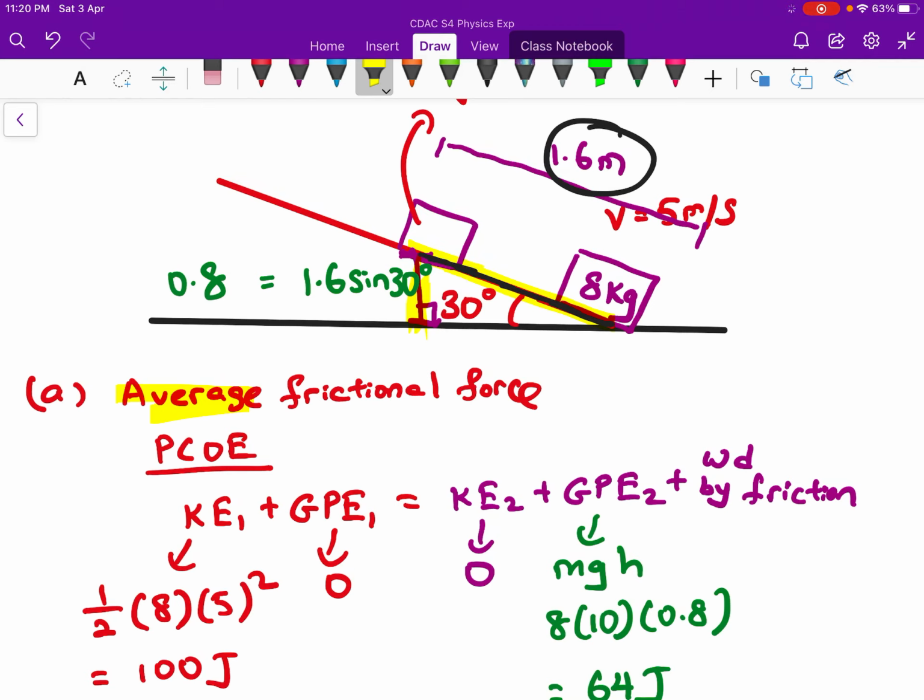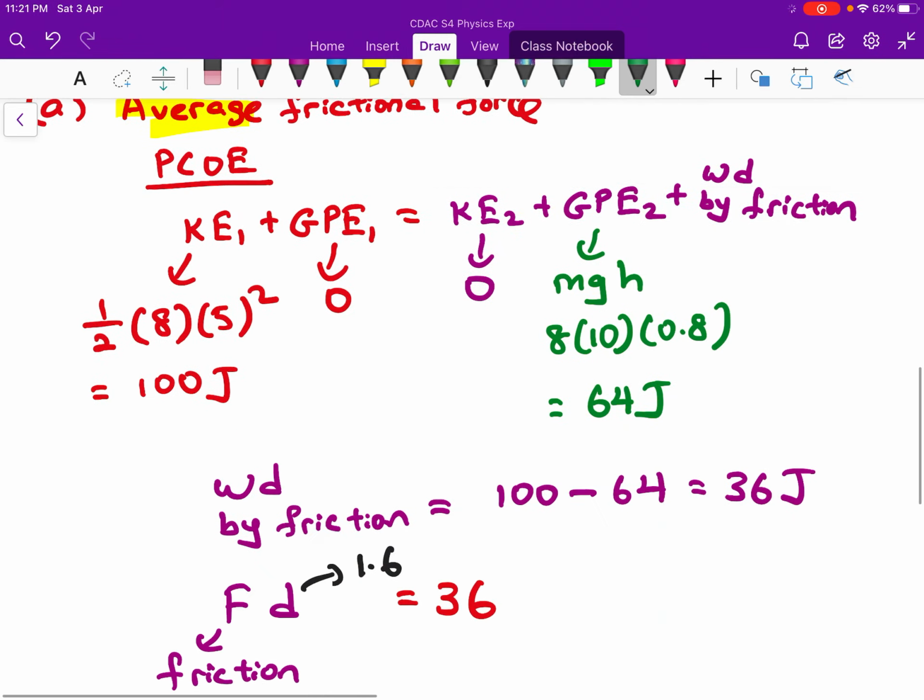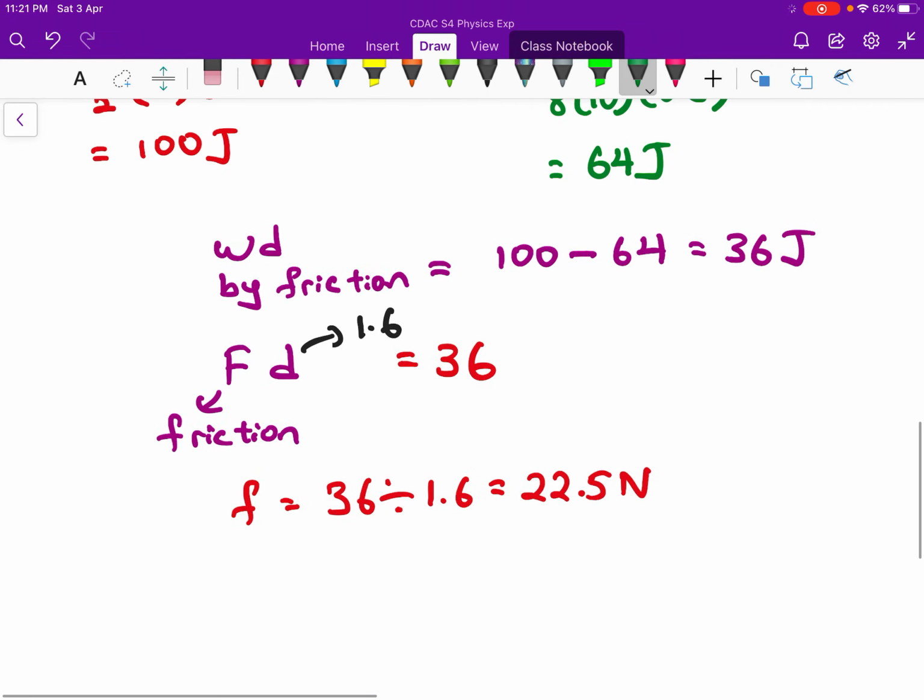At one particular point the frictional force might be higher, and at another point it might be lower, because the speed is slowly decreasing. That's why they ask us to find the average frictional force. So it's about 22.5 newtons.